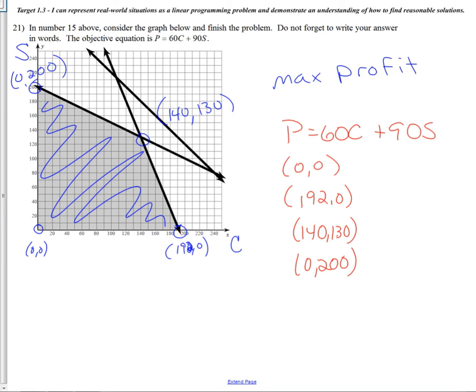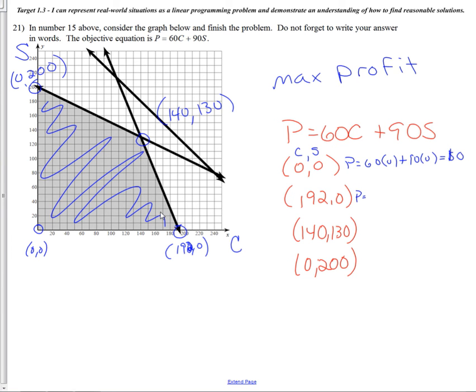Okay, plugging them in, remember that C is the x-axis, and S is the y-axis. So the first one is a C variable. For this one, the profit is 60 times 0 plus 90 times 0, and I get $0. I don't know about you, but I probably would plant more than 0.